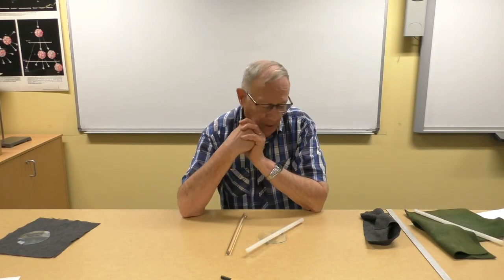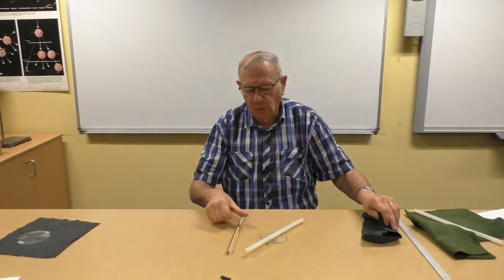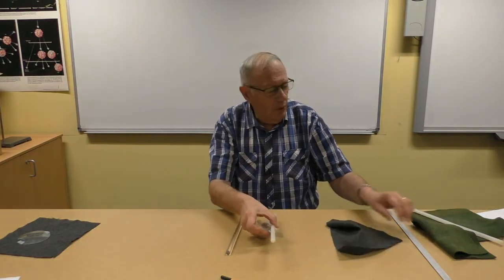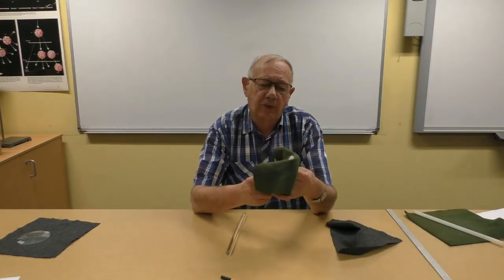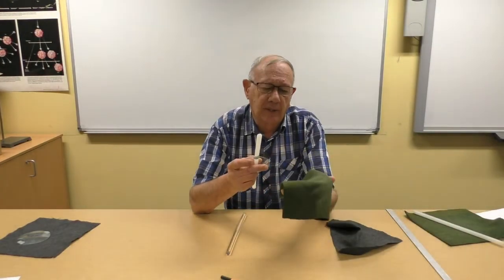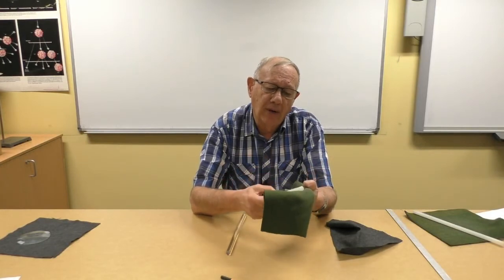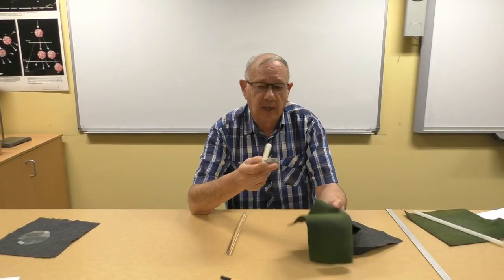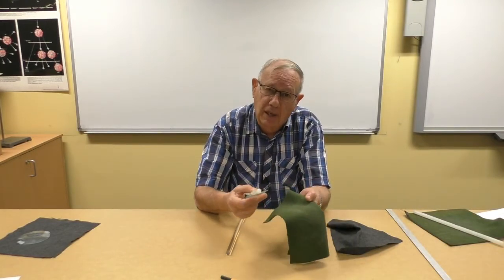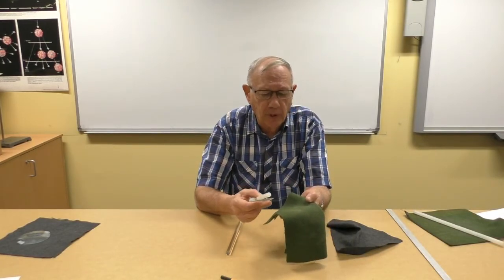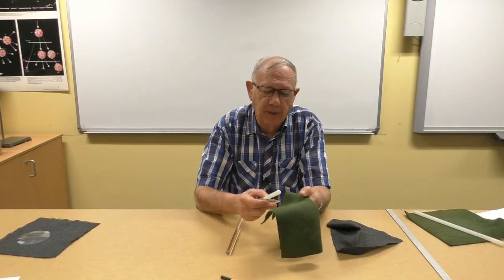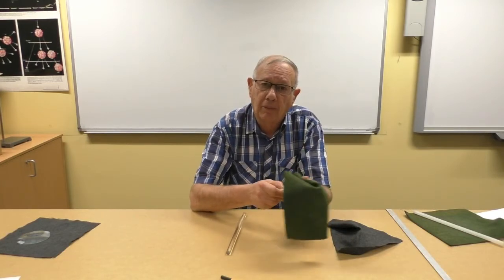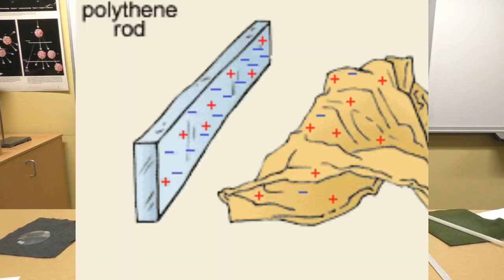So our explanation now is that when this rubbing occurs, what happens is that the electrons are attracted more by one of these non-conductors than the other. So in this particular case, when the polythene rod becomes negatively charged, what we assume is happening is that in the process of rubbing, electrons are pulled from the cloth onto the rod.